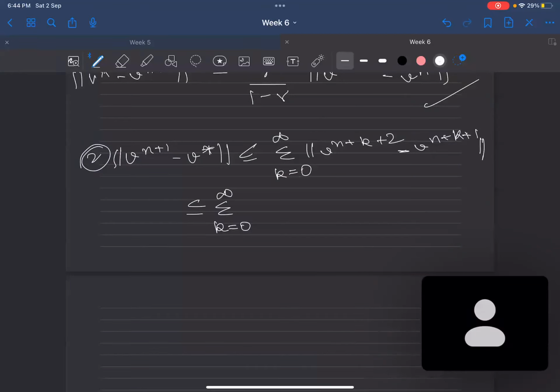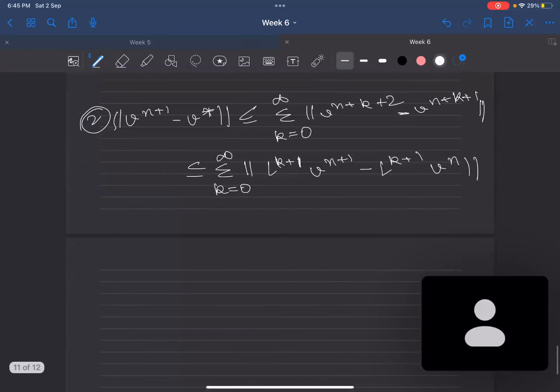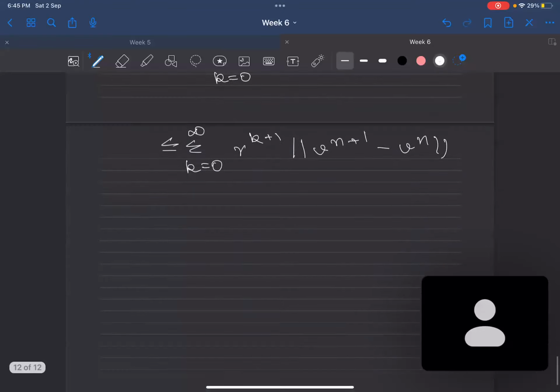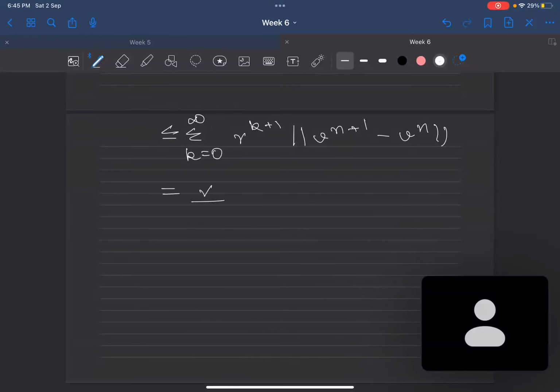Just here infinity is there. Similarly, as in the first part, I'm writing it like this, taking common the geometric progression.